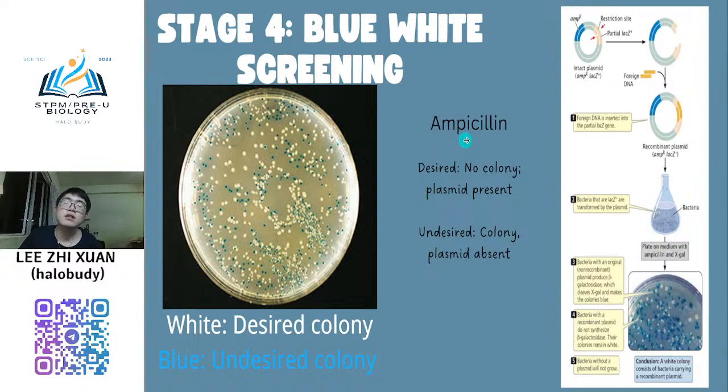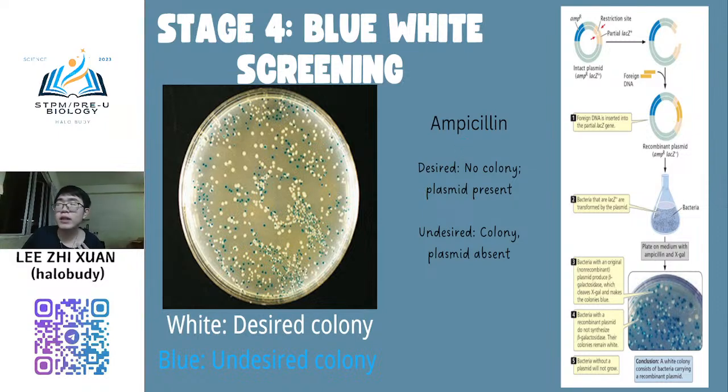Not necessarily ampicillin, you can use other types of antibiotic, but normally in your syllabus you just need to know ampicillin. Almost all the plasmids contain the ampicillin resistant gene. Meaning that when the bacterial cell contains the plasmid, even though you give ampicillin to this bacterial cell, it will not die.